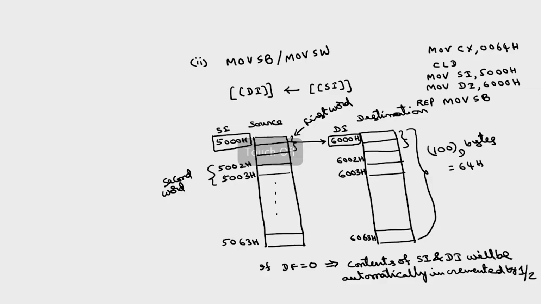Suppose here you have 34 54 99 AA, and this will be having CC 1D 13 5A 6F. So, this instruction first compares 34 and CC. 34 minus CC will be performed, and because 34 is less than CC, the carry flag will be set.